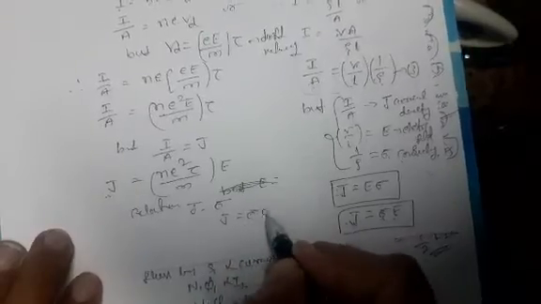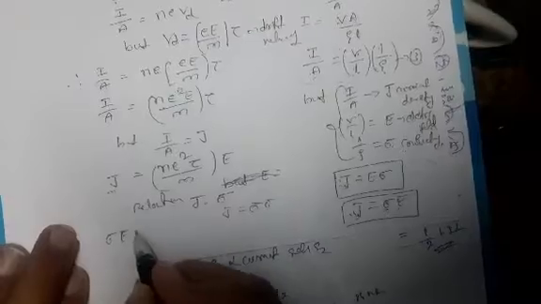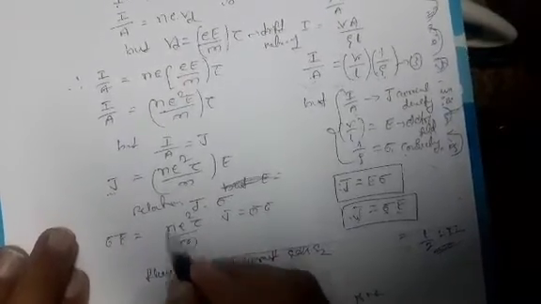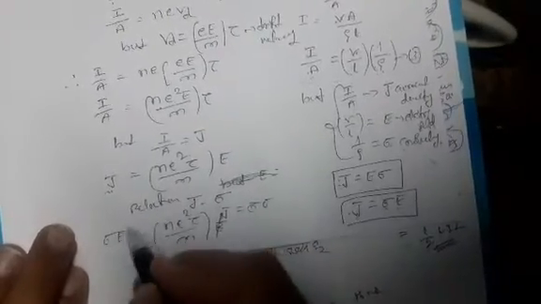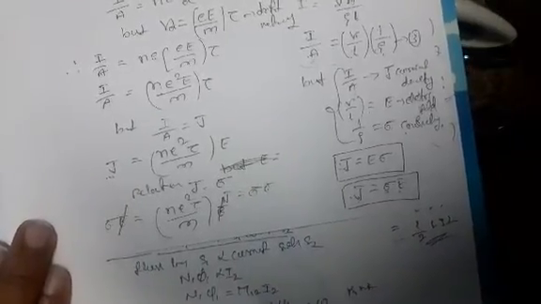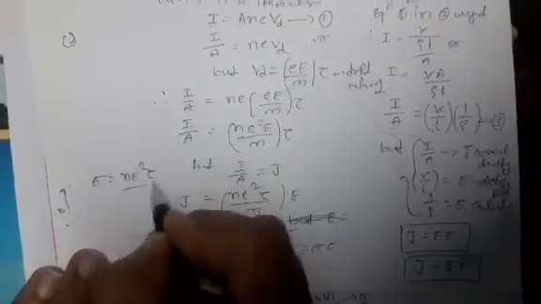J is equal to sigma E. Substitute the value: J can be written as sigma E is equal to N e squared tau by m into E. The electric field on both sides gets cancelled. Finally, we get the conductivity is equal to N e squared tau by m, that is, N e squared times the relaxation time divided by mass.